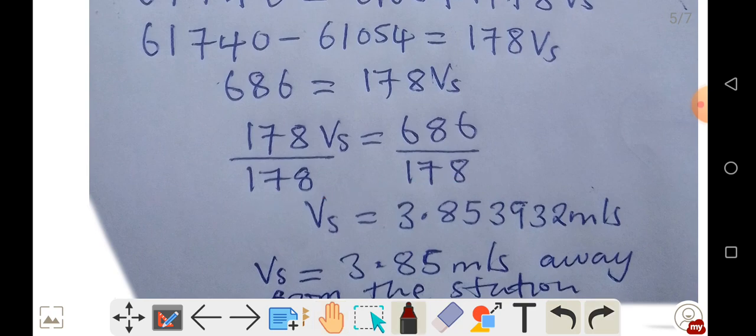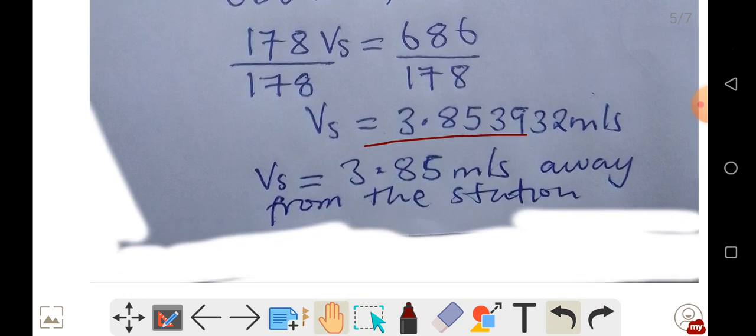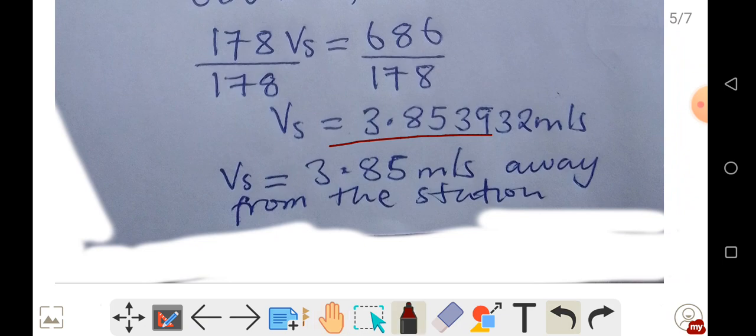When you do that, we are getting the velocity of the source to be 3.853932 meters per second. So we can write this in three significant figures to be 3.85 meters per second away from the station.